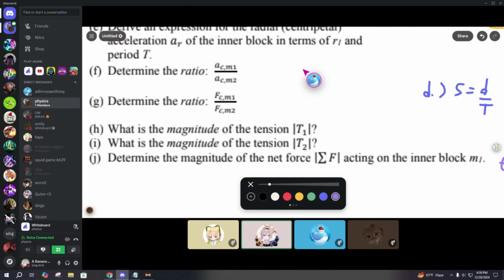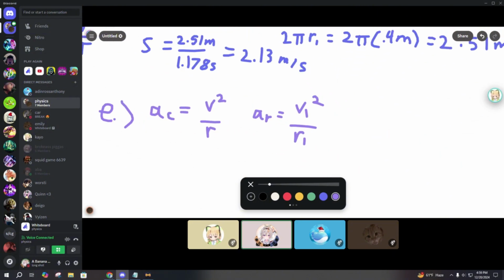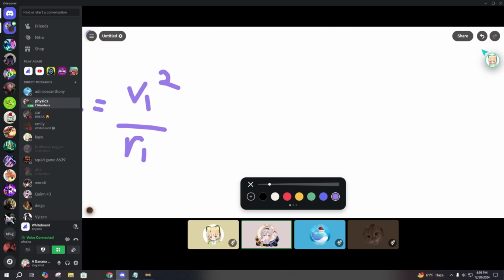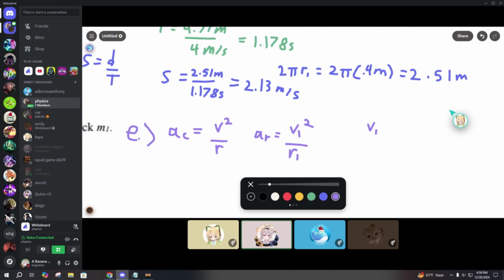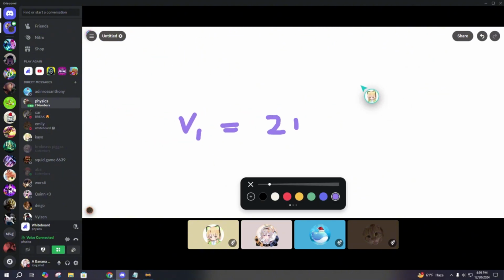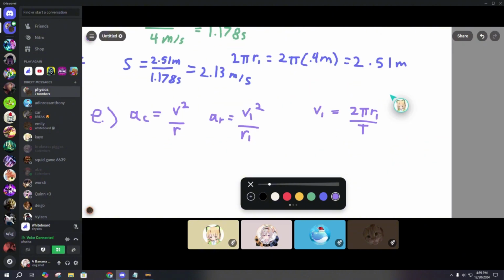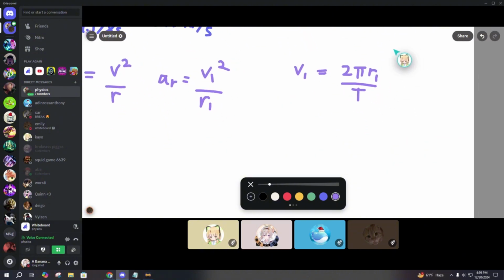But I want the function to be in terms of R1 and period T, right? Well, I know that V1, as I calculated up here, is going to be equal to 2 pi R1 over that time period T. So really, I can plug that in here.